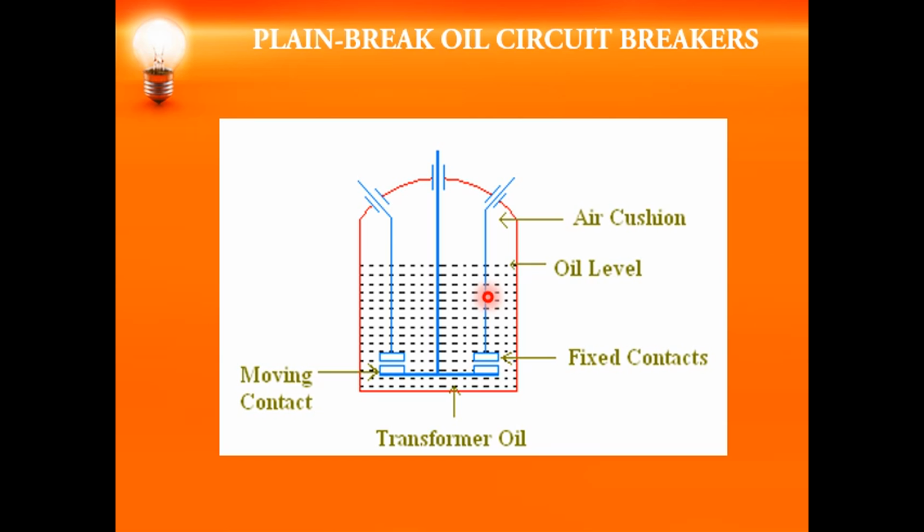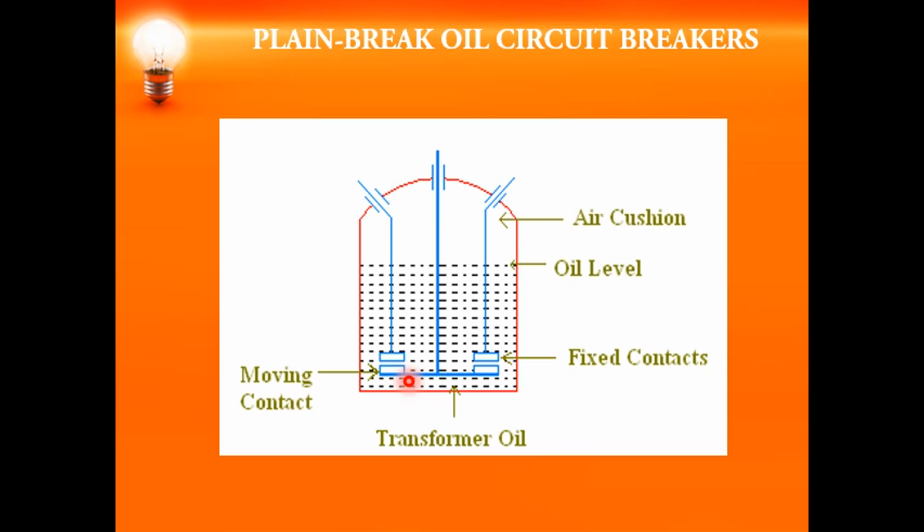Now when there is a fault, the contacts get separated. When the contacts get separated, obviously you know that an arc is formed across the contacts. This arc will decompose the oil present around the contacts into gases.